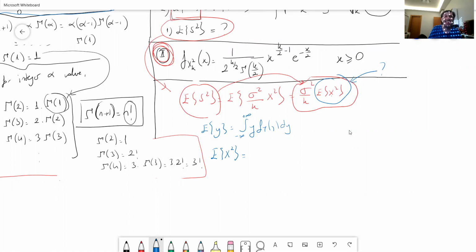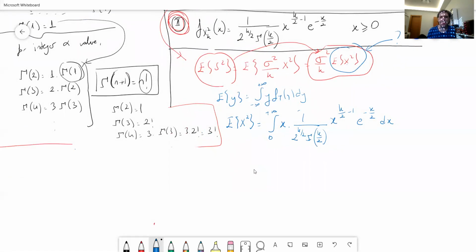No, please note that x square is given a new name, chi-square random variable. The expectation of the chi-square random variable is going to be equal to, from 0 to plus infinity, x itself, the random variable itself, times the distribution. And the distribution is going to be 1 over 2 to the power k over 2, gamma function evaluated at k over 2, x raised to the power k over 2 minus 1, exponential minus x over 2 dx.